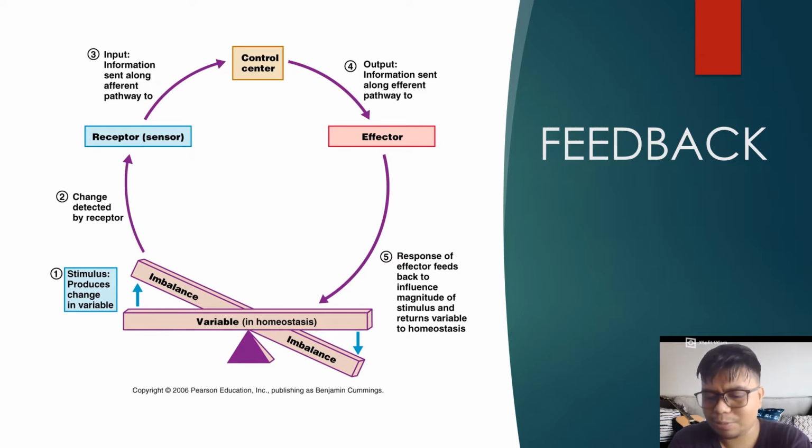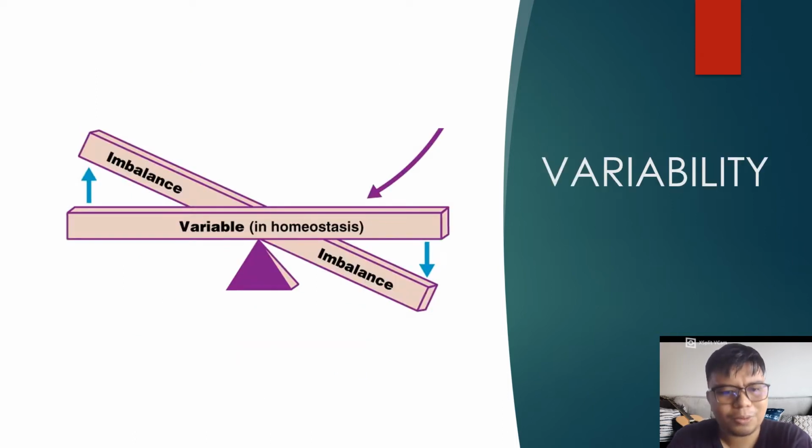Okay, so let's proceed. Here, let's have the first component of our diagram, which is variables. Okay, let's talk about variability. Let us define first the word variable, or let us simplify it rather. When we talk about variables, we are referring to an element in a system that can yield different results. For example, heat perception.